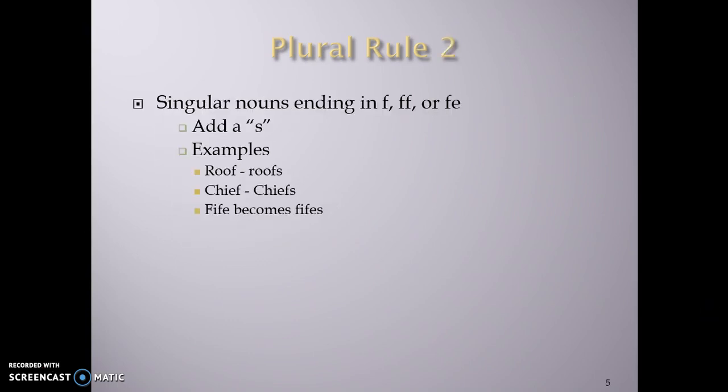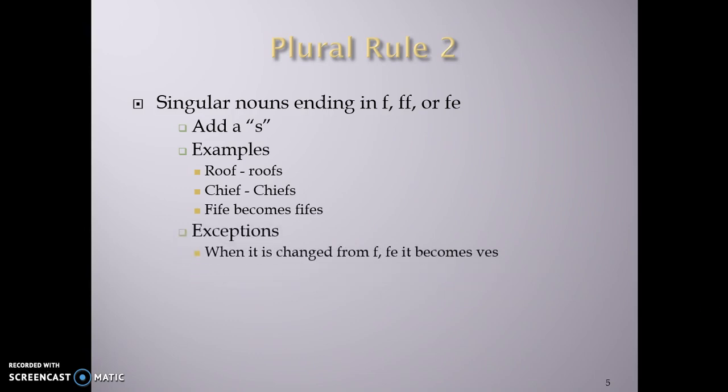Rule number 2. Singular nouns that end in an F or FF or FE, you want to add just an S to them. So examples I'm giving you are roof, roofs, chief, chiefs, fife becomes fifes. And this is a plural form of those words ending in F, FF, or FE.